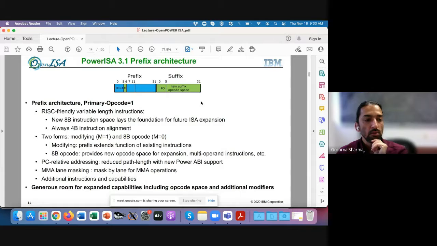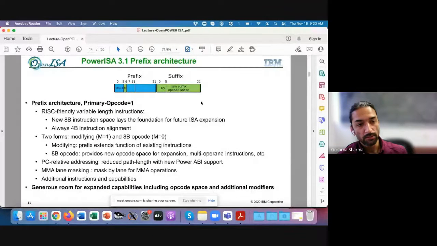For example, if you want to use prefix architecture, then in PO, the primary opcode, you put the bit 1. If you put the bit 1, it says, okay, I'm using the prefix architecture. If you put PO 0, then it just says that it's a 4-byte opcode, and you are not using prefix architecture. So it gives more flexibility on many different features, for example the matrix multiply assist, that new feature.